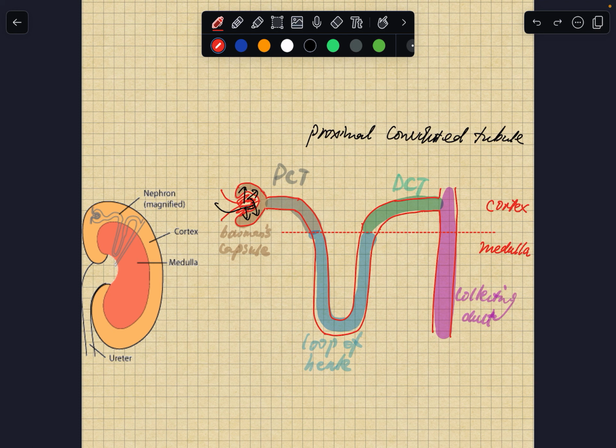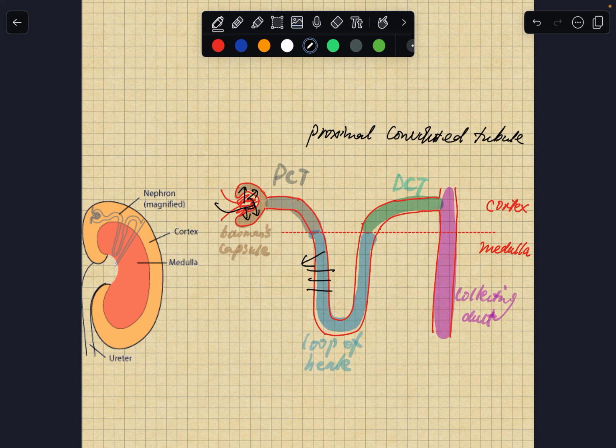And then we move to the descending loop of Henle, okay? And then this is the ascending loop of Henle. The descending loop of Henle, unlike the PCT, doesn't have ion transporters. So only water can be reabsorbed by the bloodstream through the water transporters, aquaporins, okay?